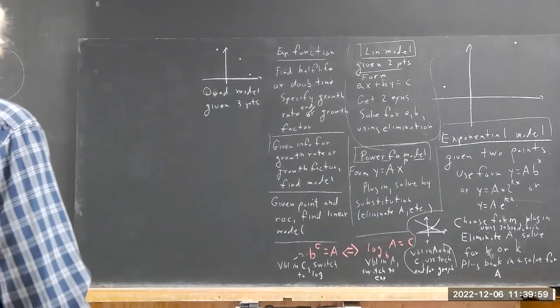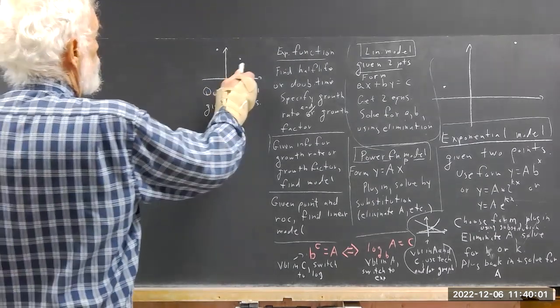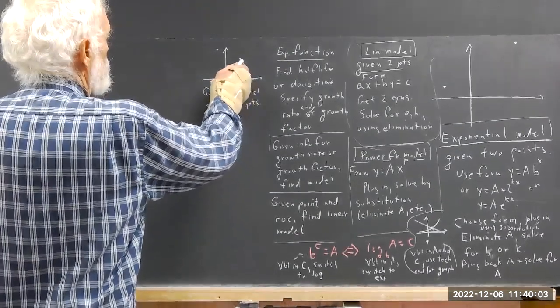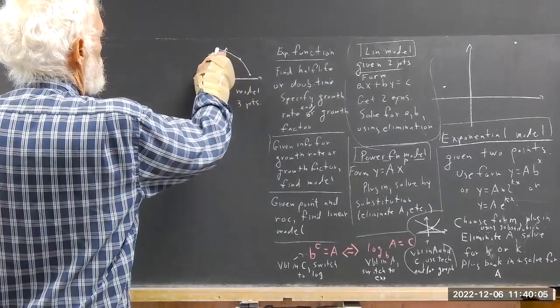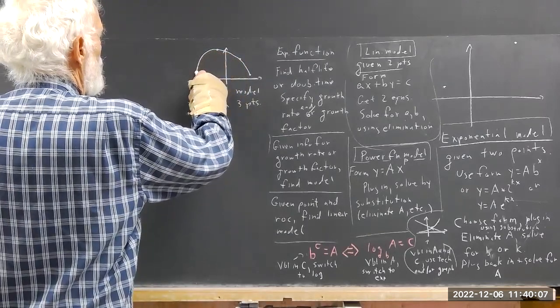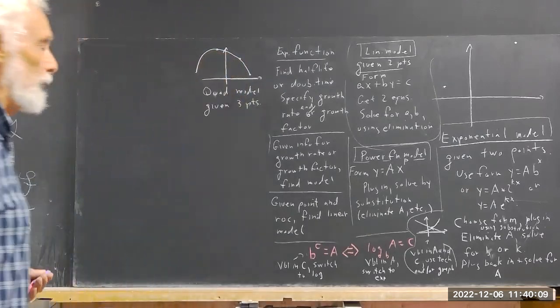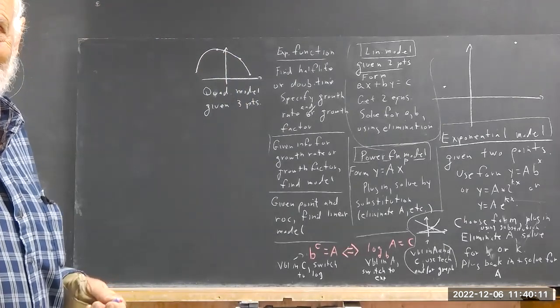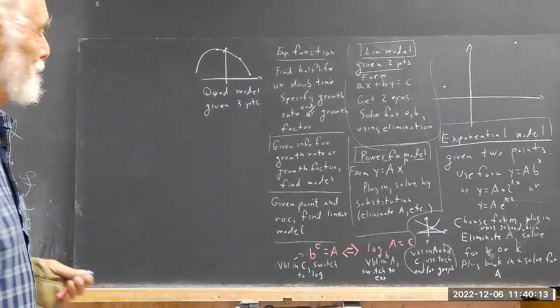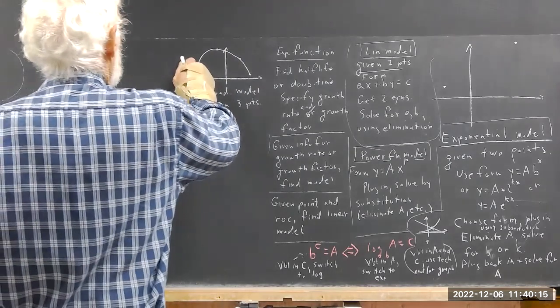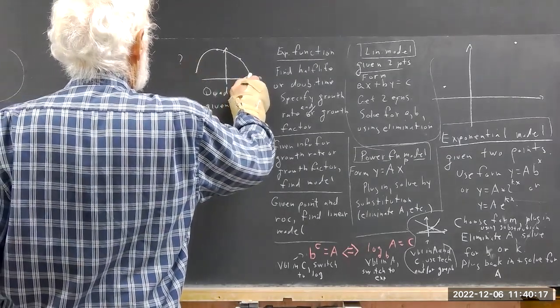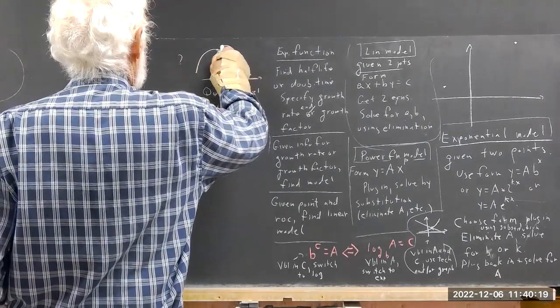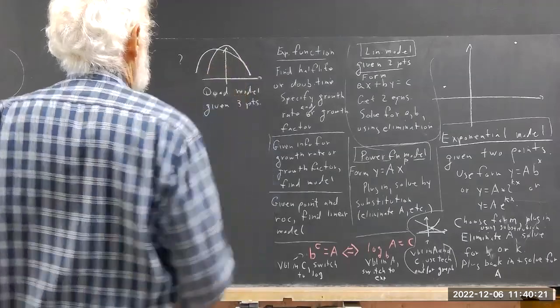Okay, for the 3 points that I drew, I would think that's a bad quadratic model because it's not symmetric. Okay? So maybe this, maybe even this, that's better.